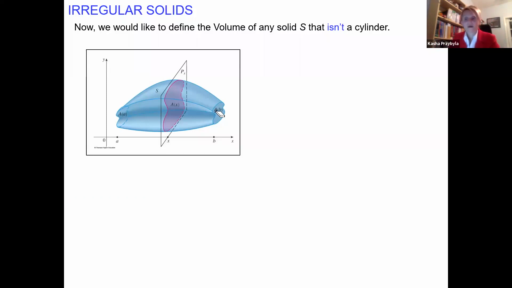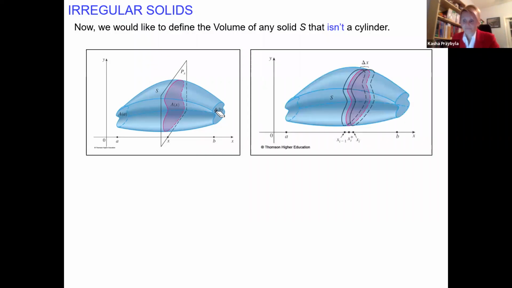Now, what will we do? This is a good moment to imagine this as a loaf of bread, which I keep repeating, and imagine that we are slicing the bread.